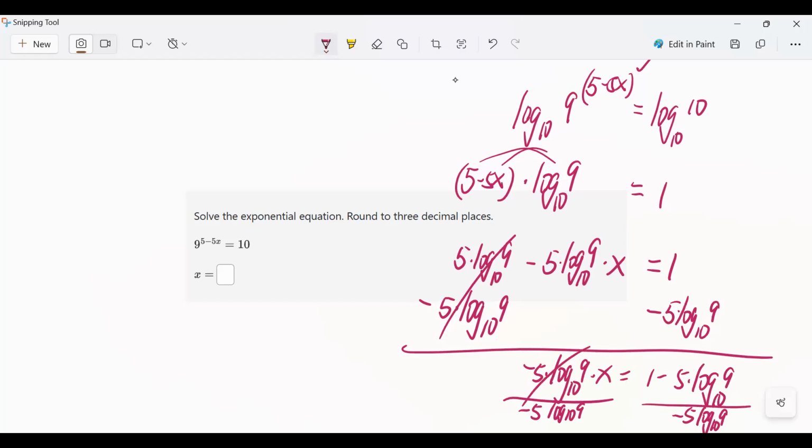Cancel that, and x is by itself. Now we can multiply both top and bottom by minus 1, so we get the reverse, which is 5 log 9 minus 1 over 5 times log 9. And they want the answer rounded to 3 decimal places.